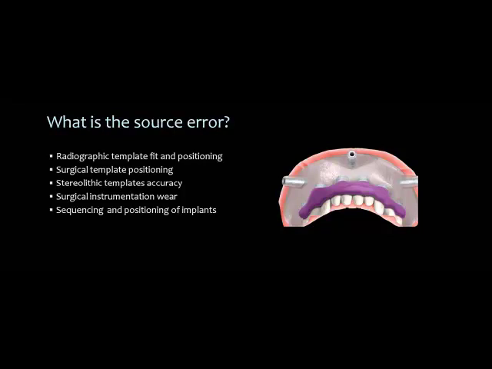The surgical template also needs to be fit in a repeatable manner that matches the way the radiographic template was seated. Our stereolithic templates must also be manufactured accurately, and our surgical instrumentation goes through wear with time, so we need to observe any changes of wear. And sequencing and implant positioning are also a critical step.